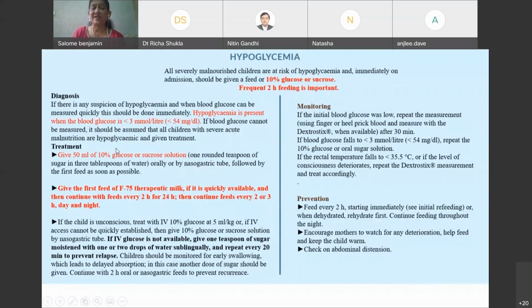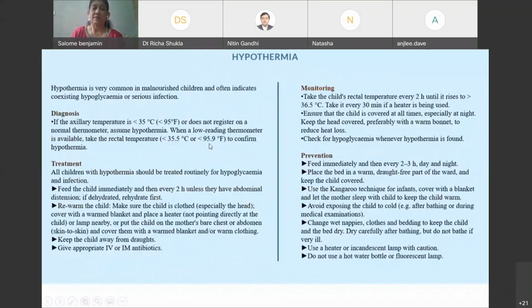This is a very important feature, and after giving this, you need to do rehydration. Rehydration therapy begins with the first feed of F75, and you must have had F100. But before that, we correct dehydration as per the degree of dehydration by giving oral rehydration solutions. I'm not going into detail of this.